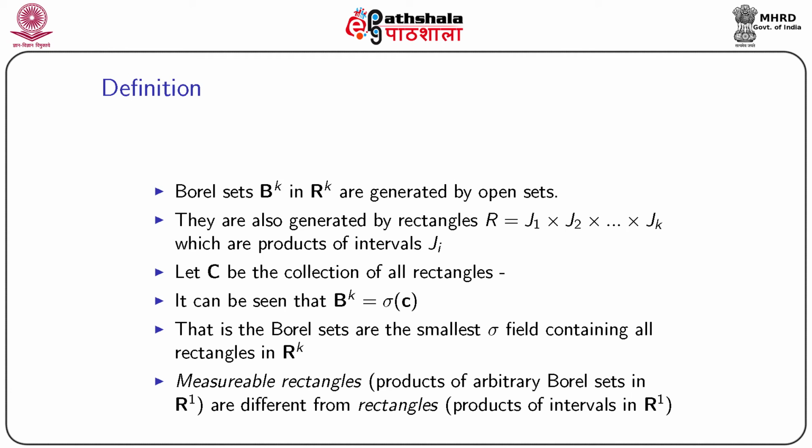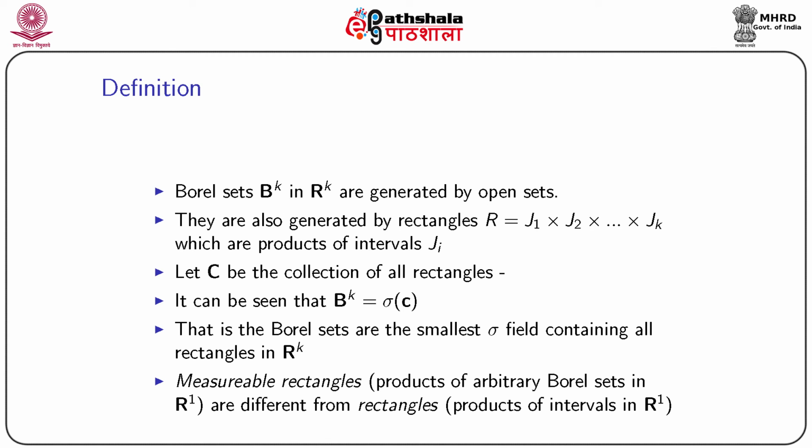It can be seen that this Bk, the k-dimensional space we are talking about, is nothing but the sigma field generated by C, the collection of all rectangles. This means that the Borel sets are the smallest sigma field containing all rectangles in Rk, the k-dimensional real line.